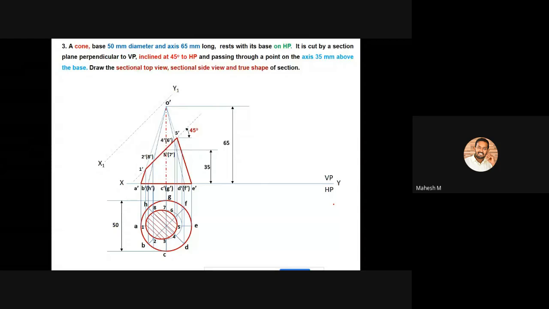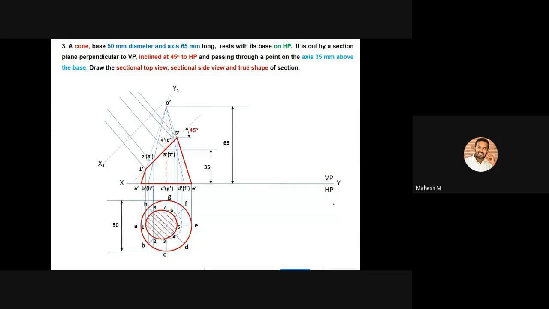It's a common procedure. You have to project all the cutting points towards the true shape diagram with a 90-degree line. That 90-degree line should be based on the sectional plane. You have to create it from 1 dash and also from 2 dash of 8 dash, then 3 dash of 7 dash, then 4 dash of 6 dash and 5 dash.